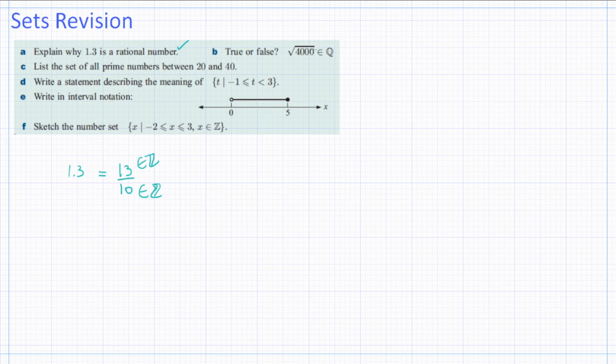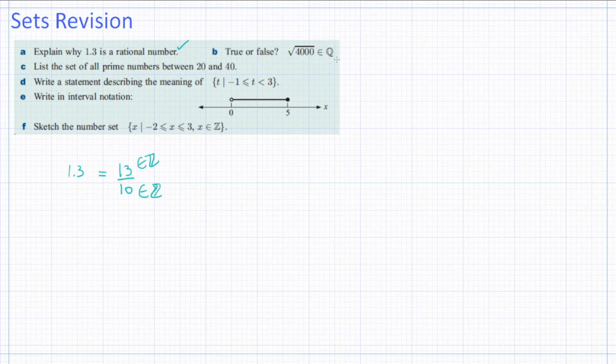Now, true or false? Root of 4,000 is a rational number. So that's only going to be true if we can get a number out of this square root, and we shouldn't have any surds. If we have surds, it's not a rational number, because then we cannot write it as a fraction.